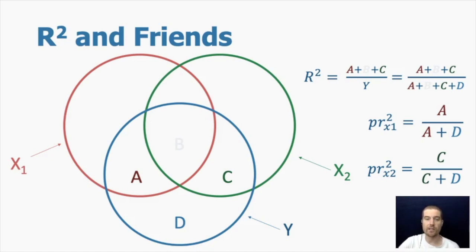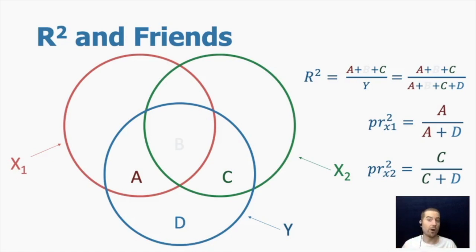So we have R squared, which is A, B, and C all added up, divided by all of Y, which is A, B, C, and D. In other words, how much of Y do x1 and x2 explain together? So it's all of that A, B, and C together, divided by all of Y, including the stuff that the variables don't explain, which is in D. So that's your R squared.